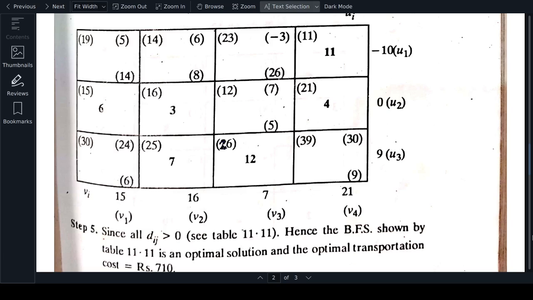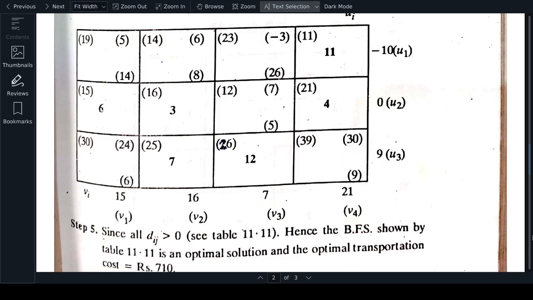Source 2 transports how much? Source 2 transport allocation is 6, 3, 4, to destinations 1 to 4 respectively, and source 3 transports 7 and 12 units to destinations 2 and 3 respectively. So this is the complete solution.